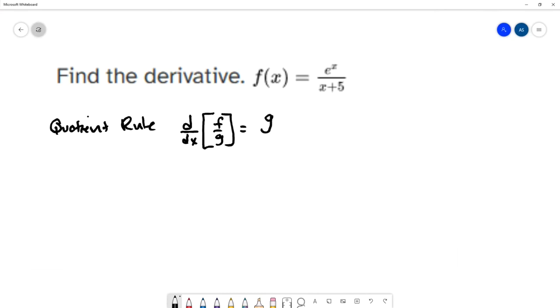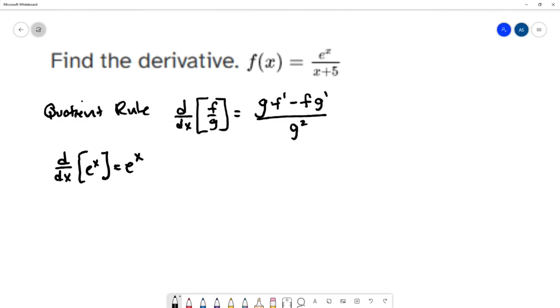We're going to take the bottom function multiplied by the derivative of the top minus the top times the derivative of the bottom over the bottom squared. So I'm probably going to use the quotient rule because of the fraction, and then in the numerator I notice e to the x. So I'm going to use the rule for the derivative of e to the x. The derivative of e to the x is e to the x.